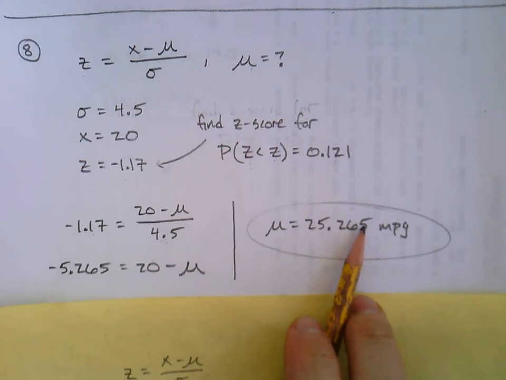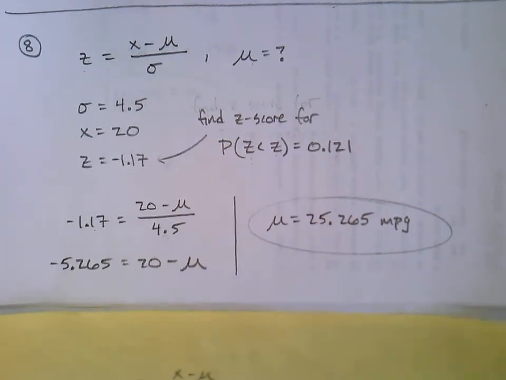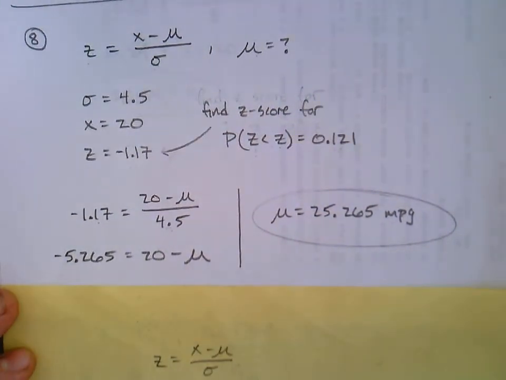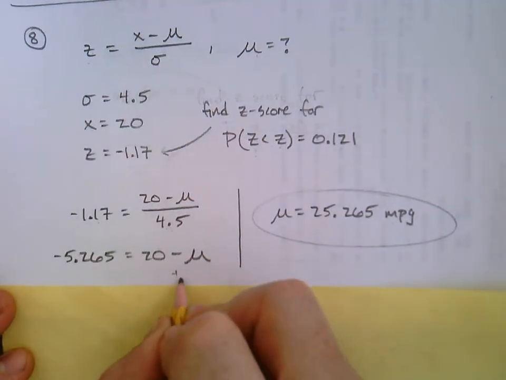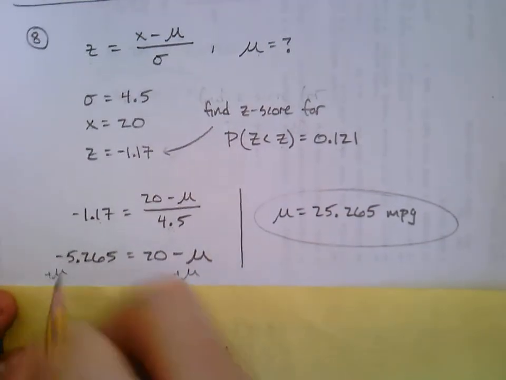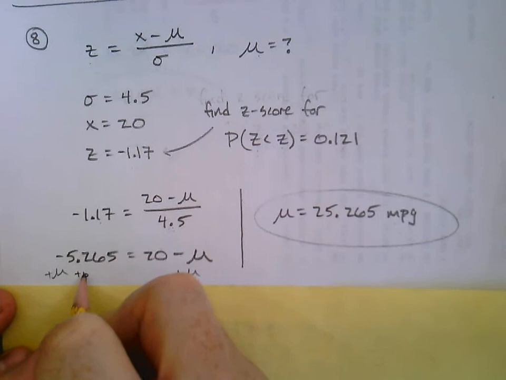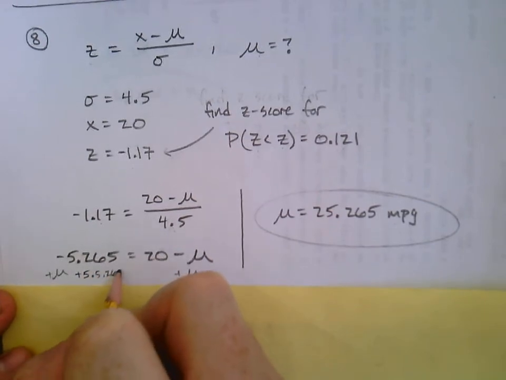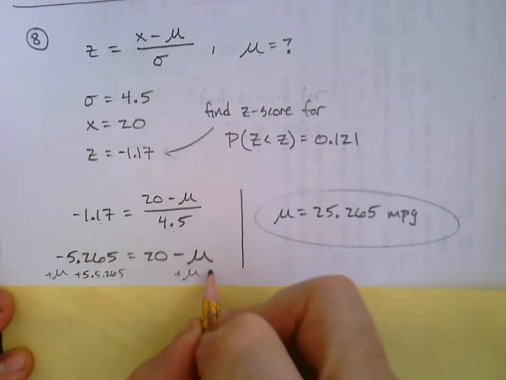And then how do we get our answer here? Well, you could probably argue there's some more steps in between. But what you could do is add mu to this side, and then at the same time add 5.265 back over to this side.